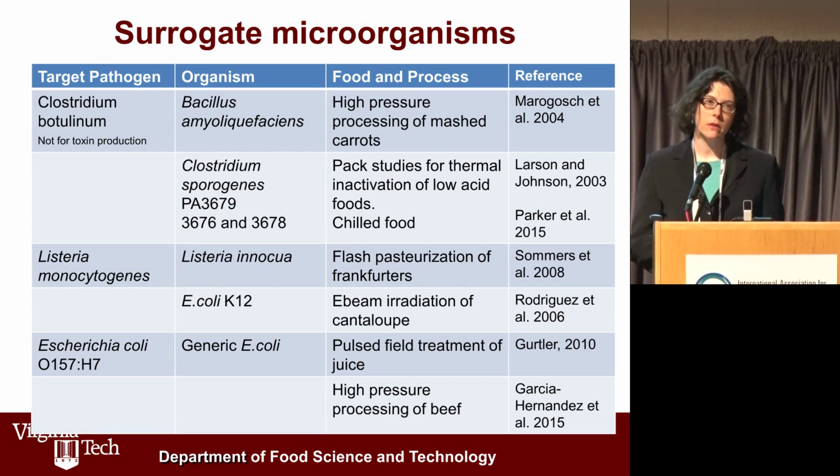For E. coli O157:H7, there are a few more choices of surrogates that have been used out there. Again, lots of them are present for thermal processes and validated for different thermal products, especially ground beef. The meat industry was very active in that role early on, but also most recently for some non-thermal processes like pulsed light and UV treatments of juices and high pressure processing of beef as well.